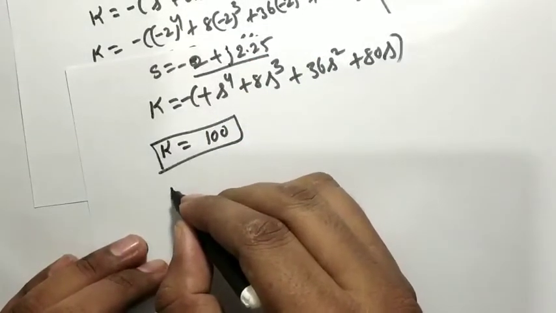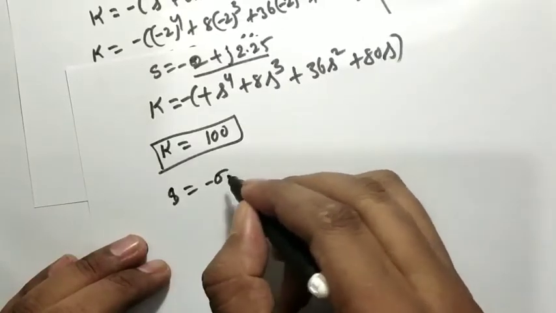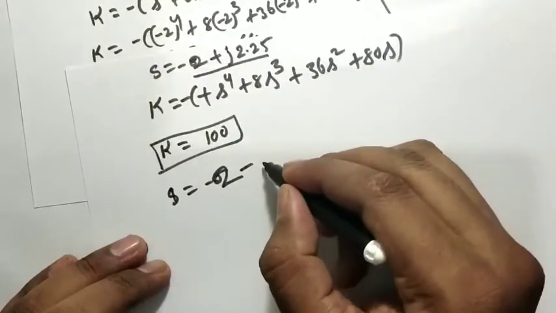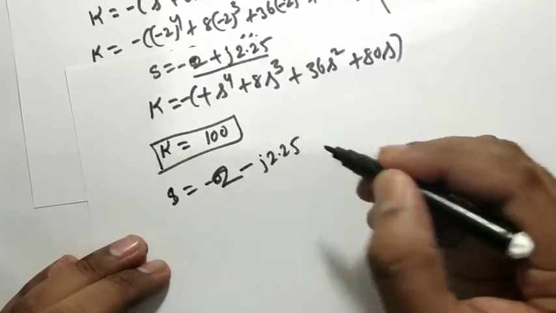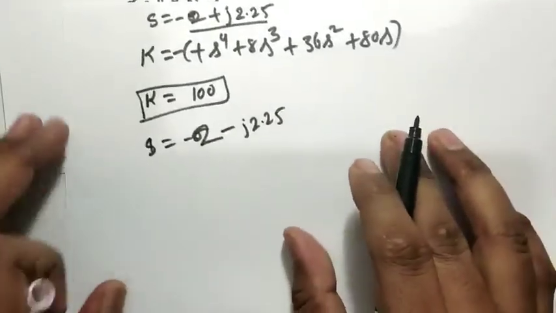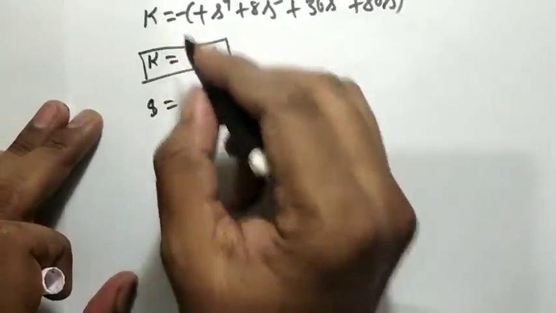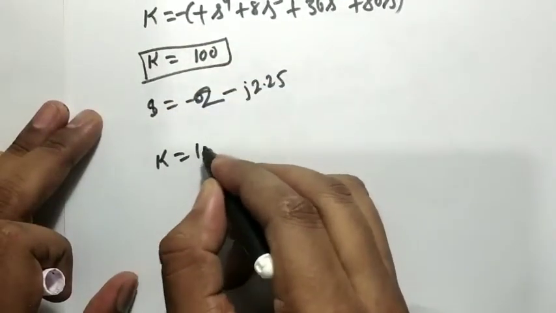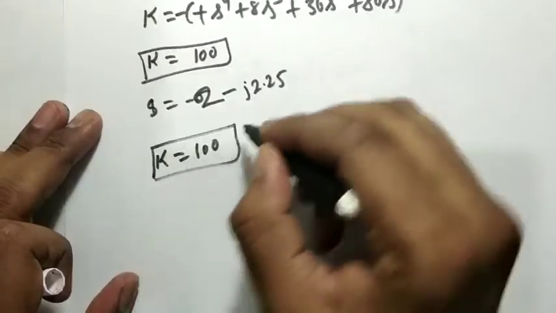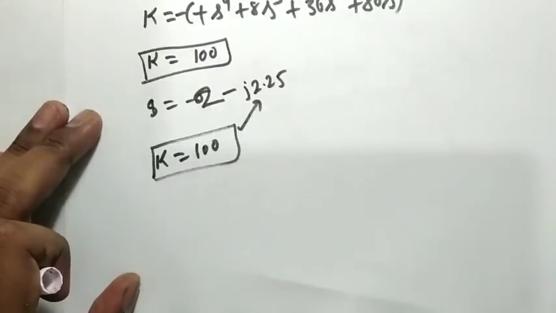So another, s is equal to minus 2 minus j 2.25. If you substitute in this equation, again you will get k is equal to 100. So this is also a breakaway point.